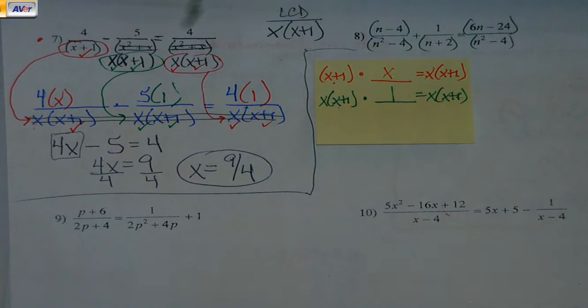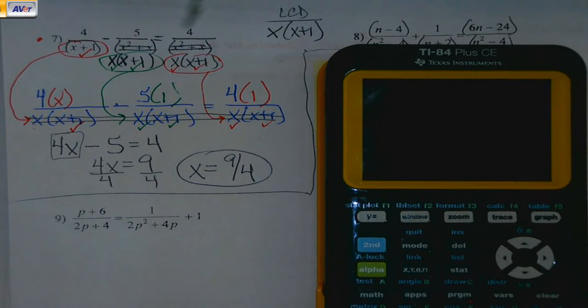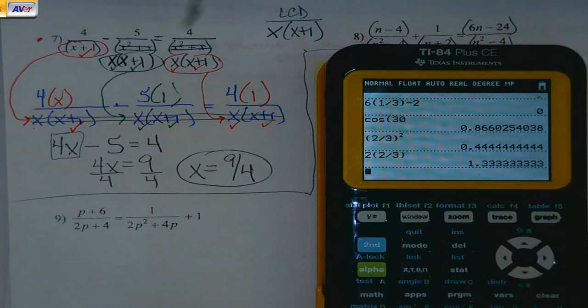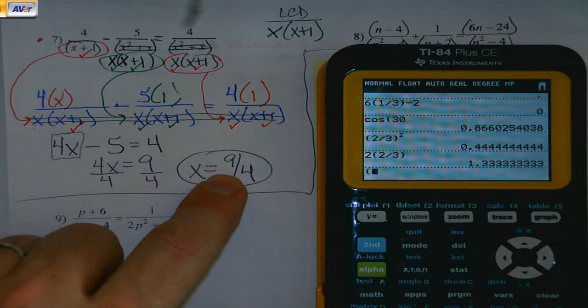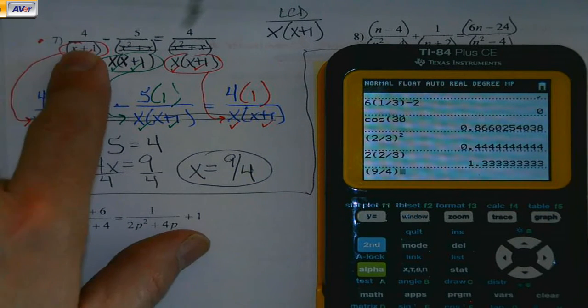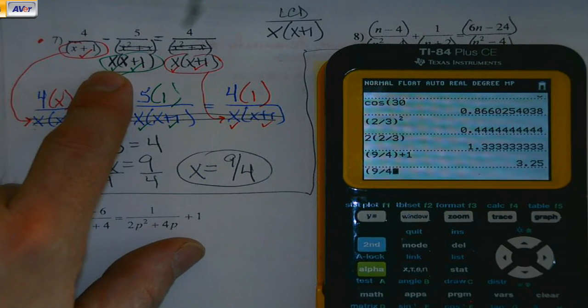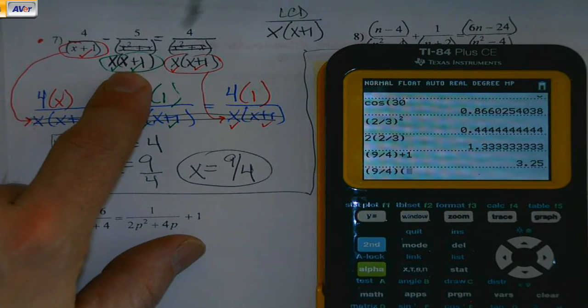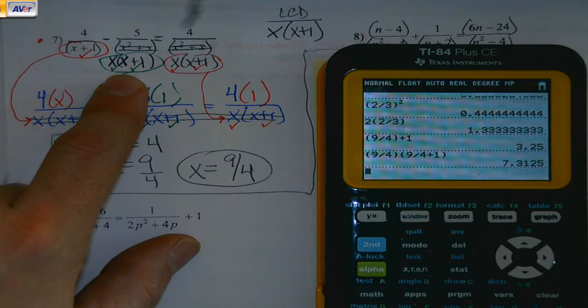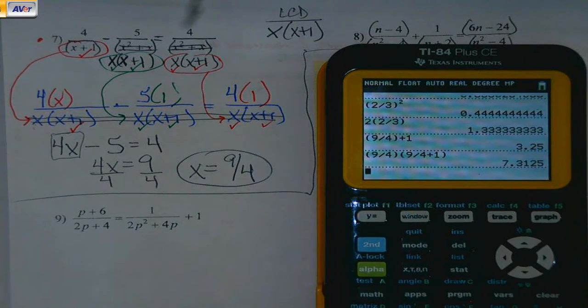And again, don't forget to check to make sure it's not going to be extraneous. So 9 divided by 4 plus 1, not a problem. 9 divided by 4 times 9 divided by 4 plus 1, not a problem. We're good.